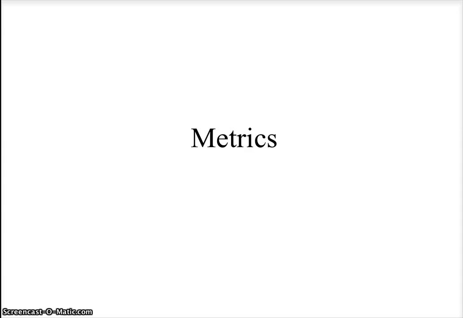So we're basically going to be talking about metrics, and the concept of metrics is kind of mixed in the sense where in the United States we don't really use the metric system.